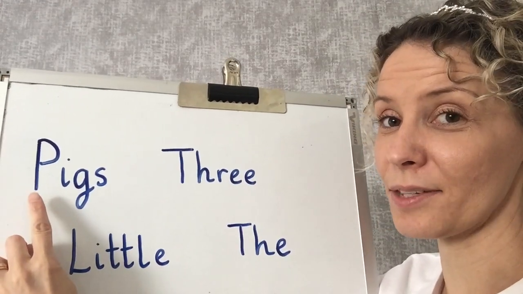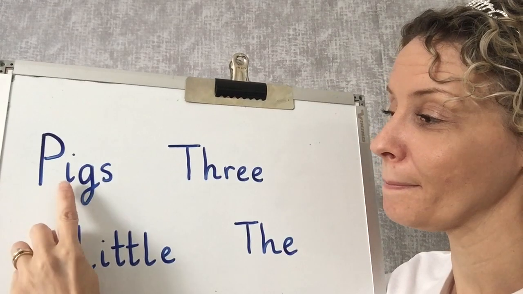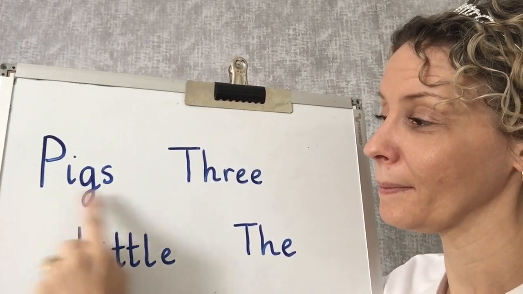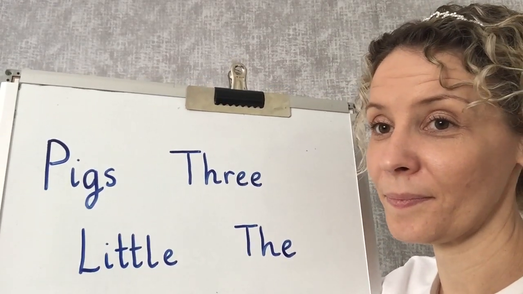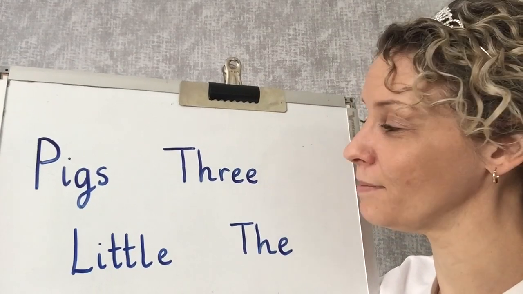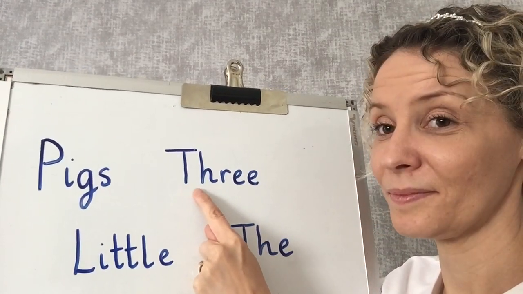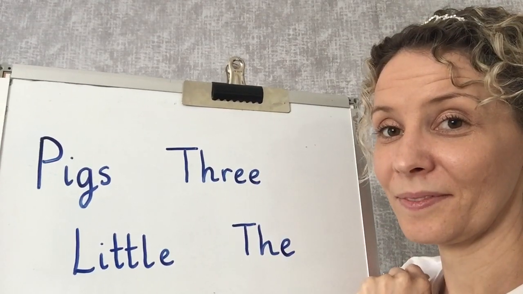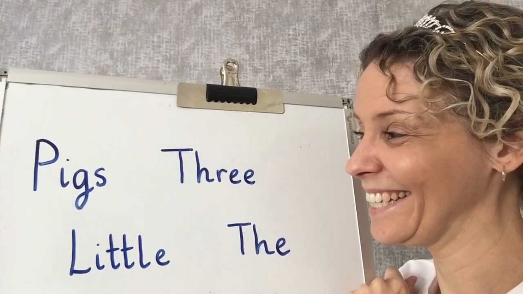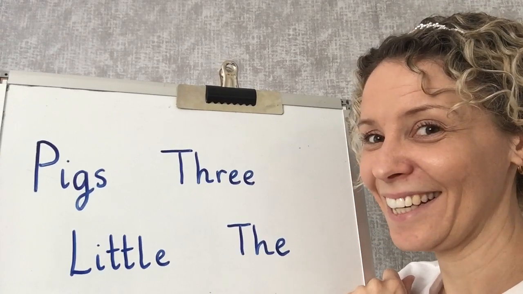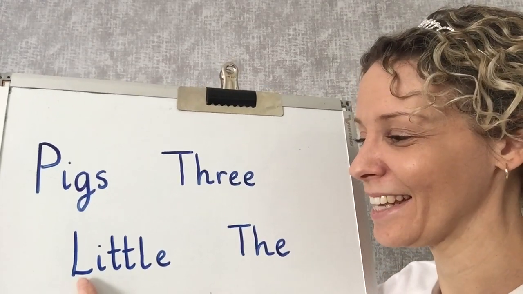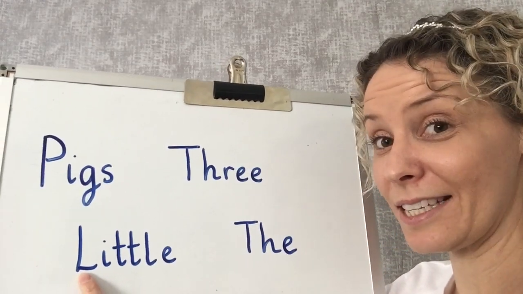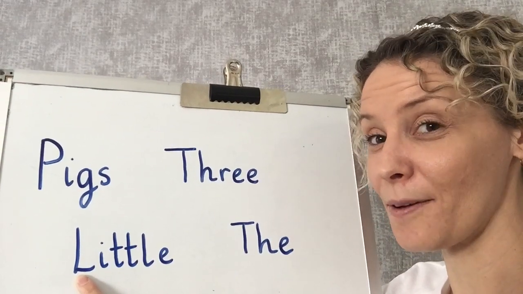Here's our next one. I'd like you to have a go at this one. Well done. Pigs. Well done. Three. Pigs three. I think I know this one. We know this is a tricky word. We saw it a little while ago.